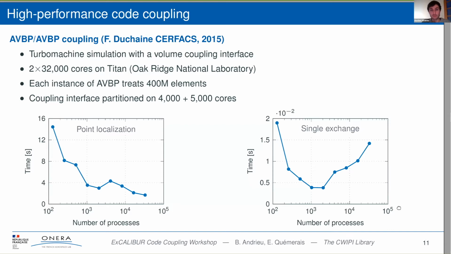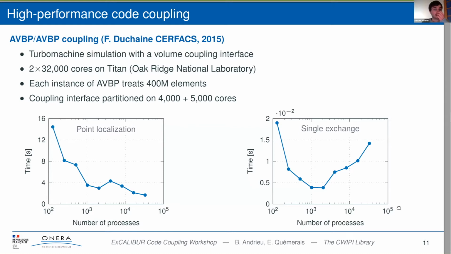So this might be an issue, but still, the step that is the most significant, which is localization, behaves quite nicely in this range of number of cores.